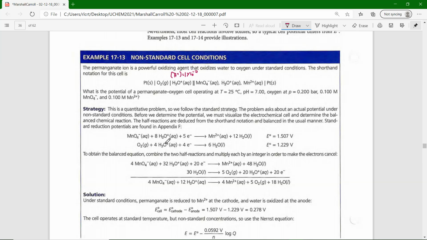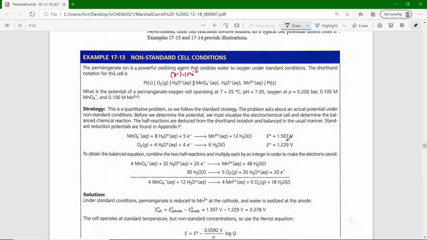Minus 2 plus 3. Well, oh, okay, it's going here. It oxidizes water to oxygen, so I'm going the wrong way. You go water to oxygen, so it's going from minus 2 to 0. Yes, okay, so that's the oxidation. Okay, that just took a little while to figure out there.